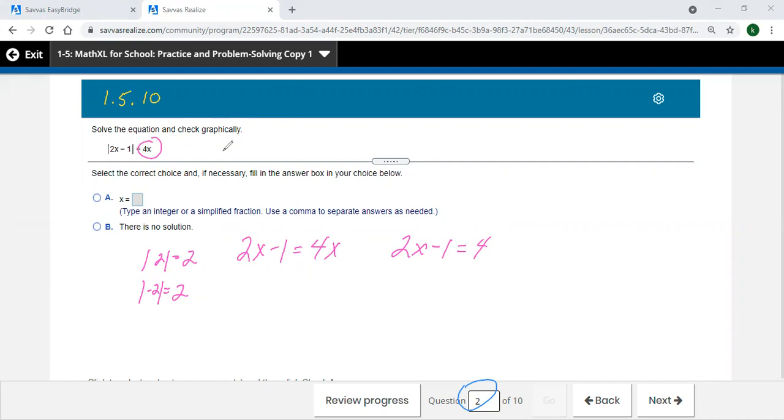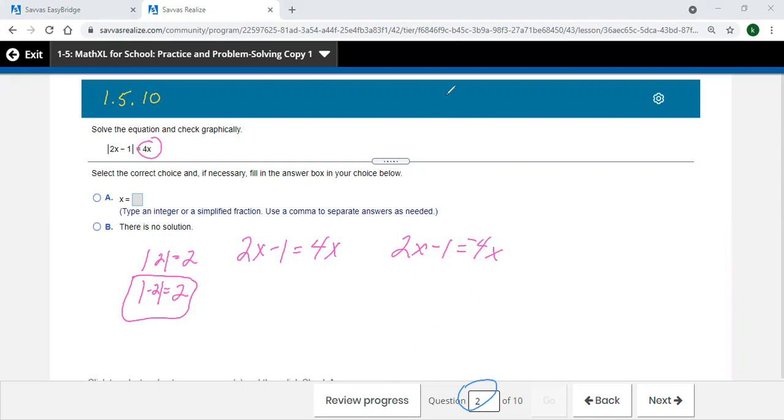So in that case, the second one won't work. So for this one, I put that 4x there. And we said if they were opposite numbers, like right here, the number in the absolute value and the other side, as long as the other side's positive, if they're opposite numbers, that also works. So that's what we're going to do here and solve that.